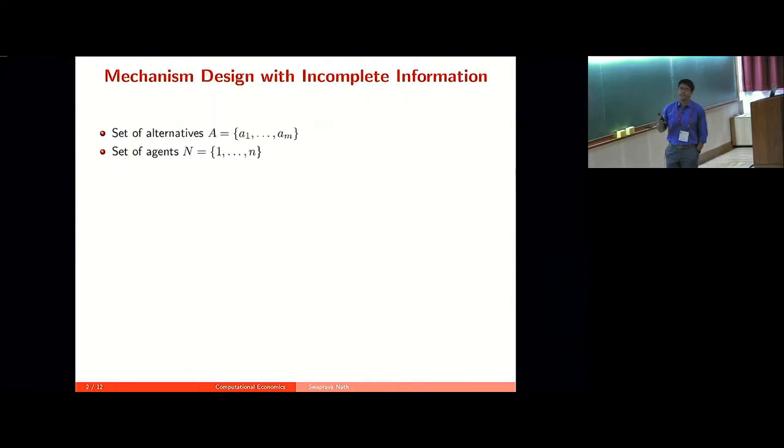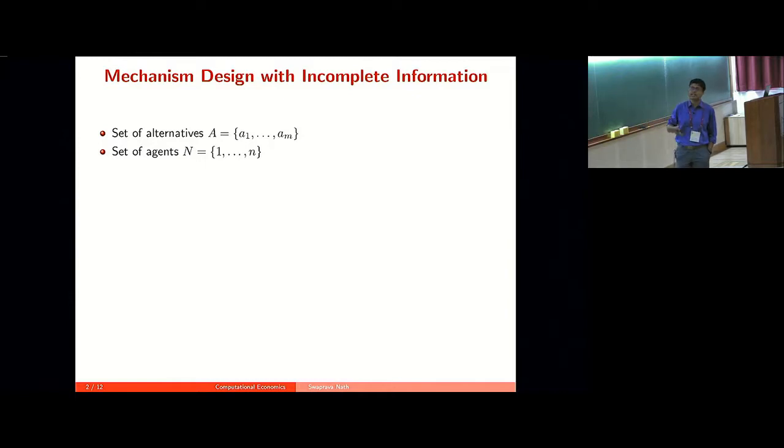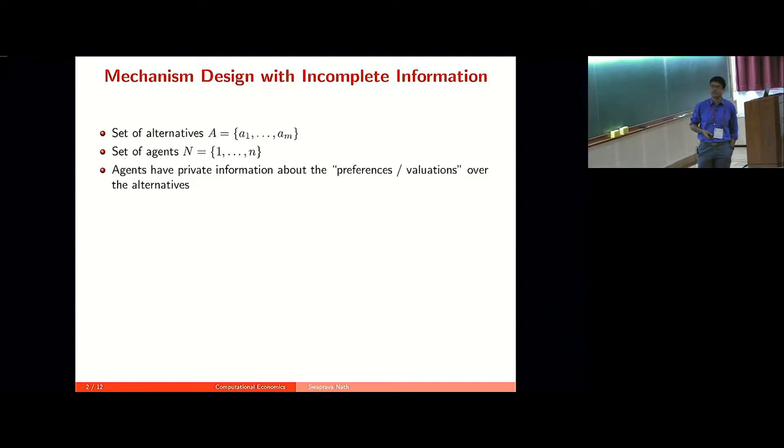So mechanism design with incomplete information has the common setup where you have a bunch of alternatives to pick from. Suppose there are m alternatives, and there are individuals who have preferences or valuations. So what is the difference? By preferences, we typically mean that they do not associate a real number to each of these alternatives.